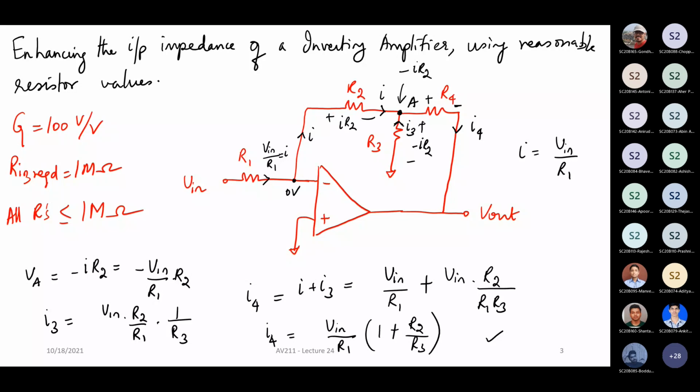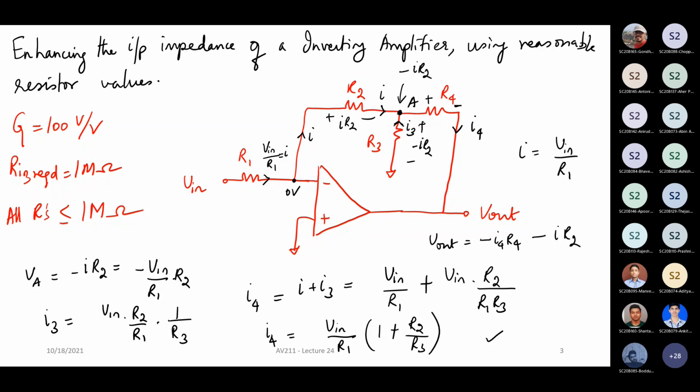So the current is flowing like this, and therefore V out here is minus I4 into R4 plus the voltage at A, right? The voltage at A is minus I times R2, okay?